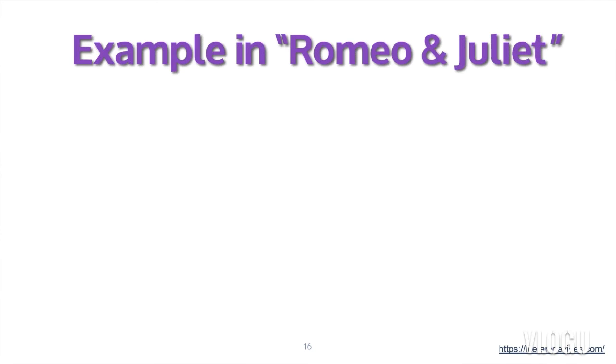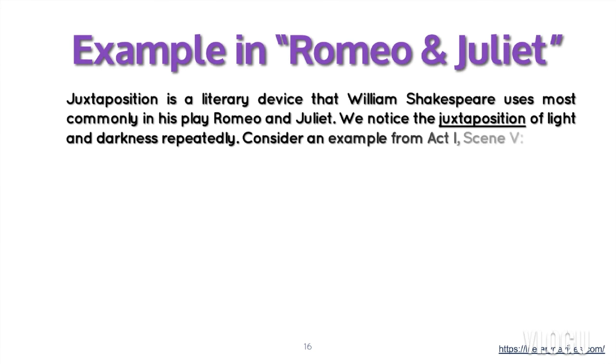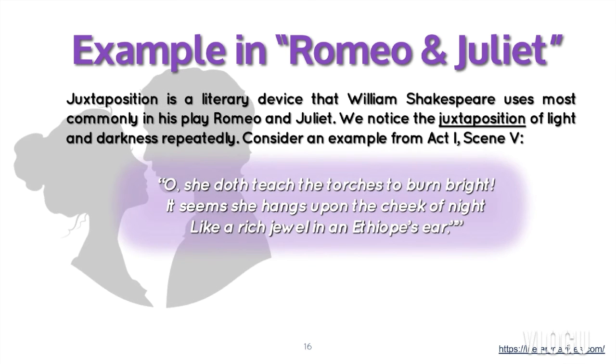Let's look at an example in Romeo and Juliet. Juxtaposition is a literary device that William Shakespeare uses most commonly in his play Romeo and Juliet. We notice the juxtaposition of light and darkness repeatedly. Consider an example from Act 1, Scene 5. Oh, she doth teach the torches to burn bright.